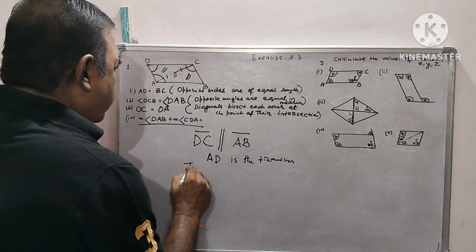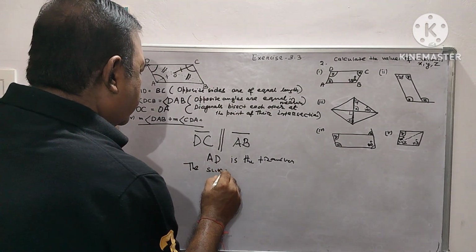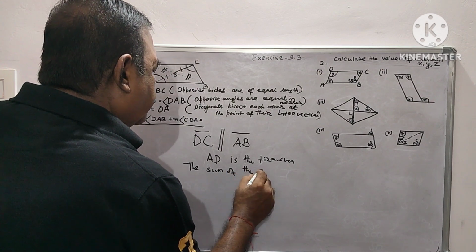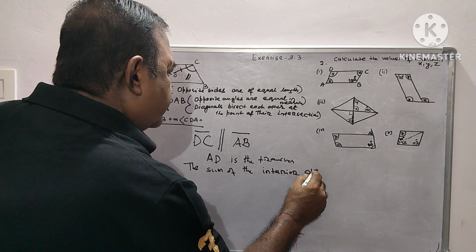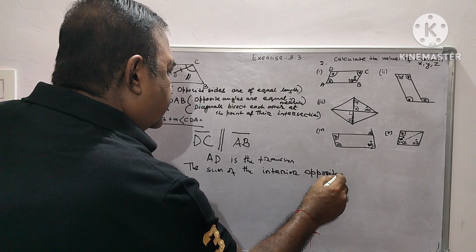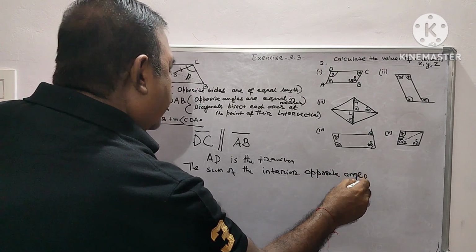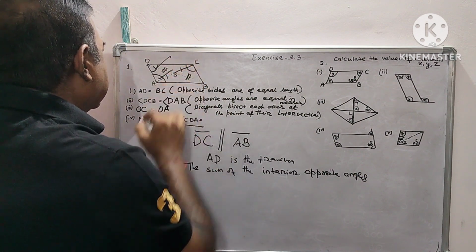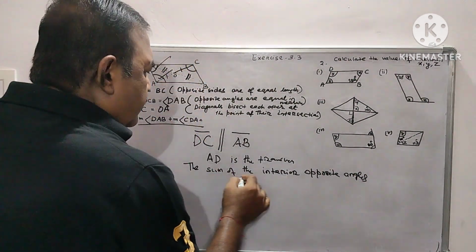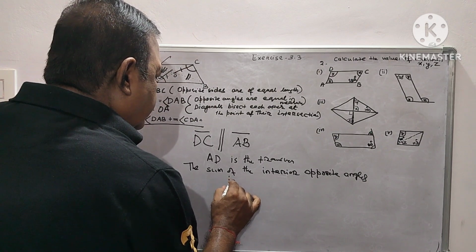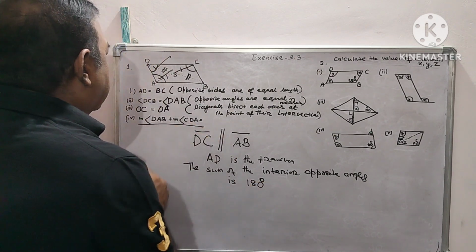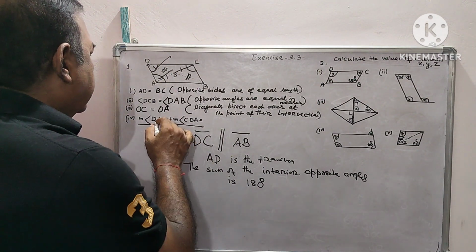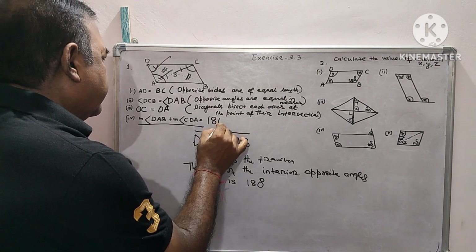Or the sum of the interior opposite angles, two adjacent angles here in case of a parallelogram, is 180 degrees. So this measures 180 degrees.